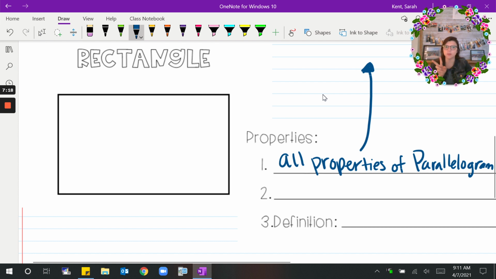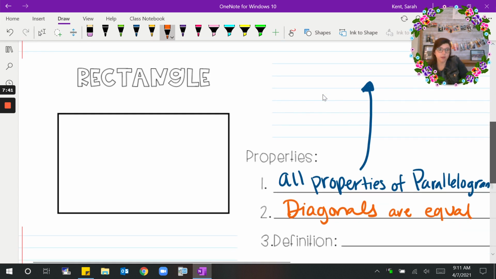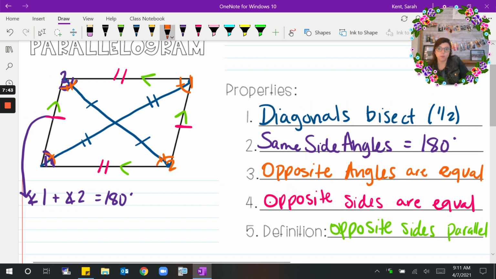But there are two more specific things that make a rectangle a rectangle. One of those is that the diagonals are actually equal here. We said on the parallelogram up here that part 1 and part 1 will be equal, part 2 are equal, but this part 1 here and this part 2, those might be different, and it's okay if those are different.